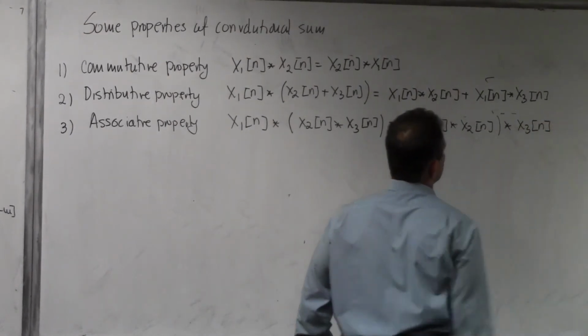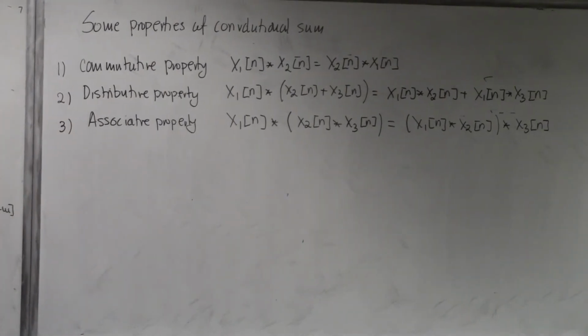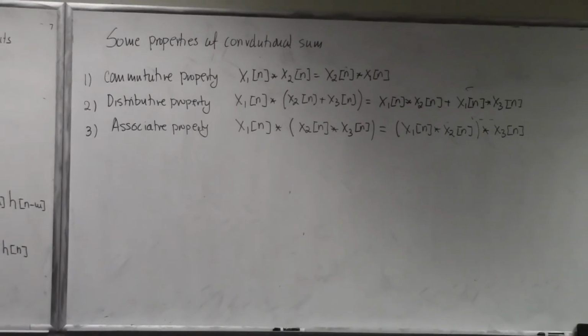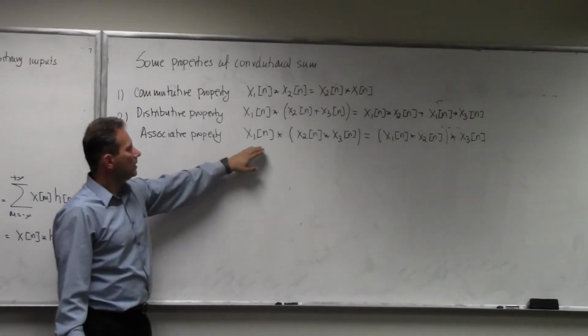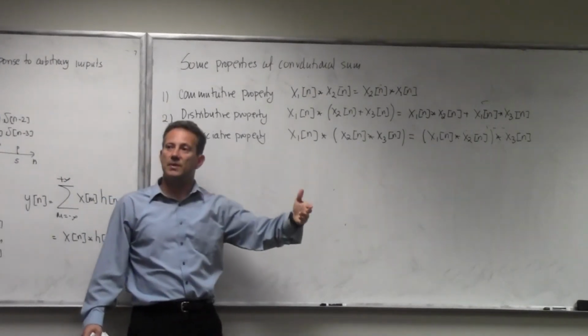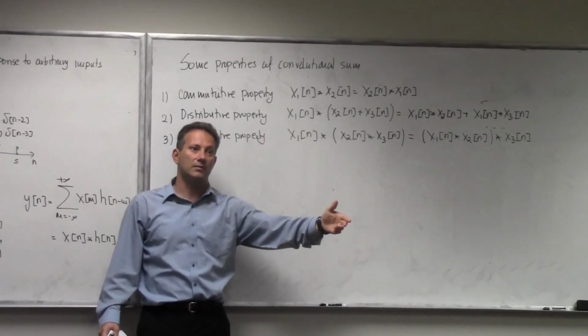All of these properties are going to be essential to us to understand what happens if you start combining systems. If, for example, I cascade systems, then the output of the first one serves as an input to the second one.